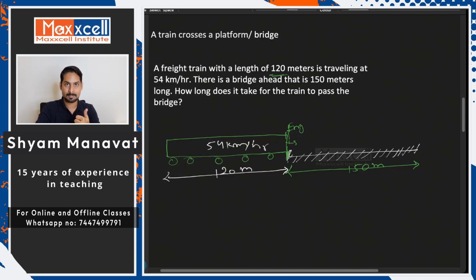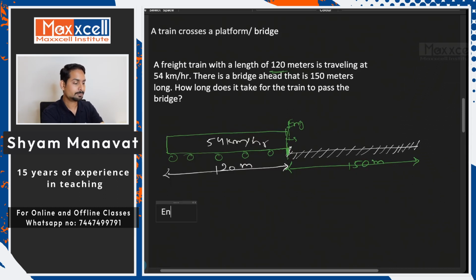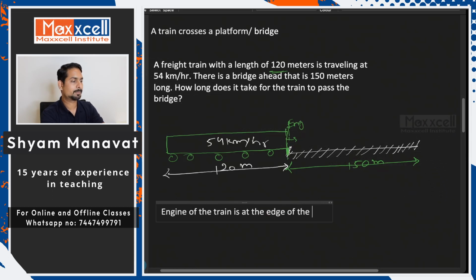I hope this is clear to you. So the engine of the train is at the edge of the bridge.